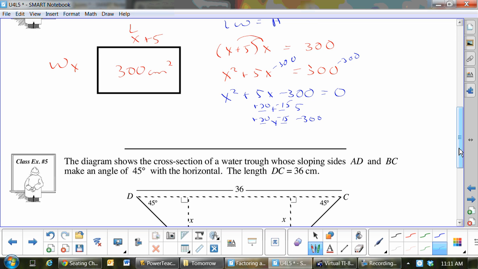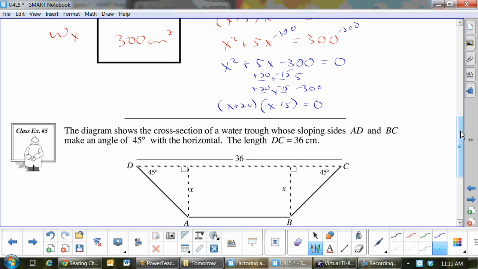So, now don't go from here to finding your answers. What happens right now is people say that x equals 20 or x equals negative 15. And it's not true. I still have to make my equation. So what does x equal? Negative 20 and positive 15.